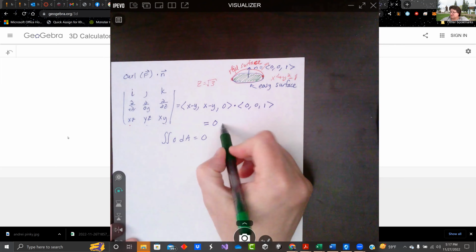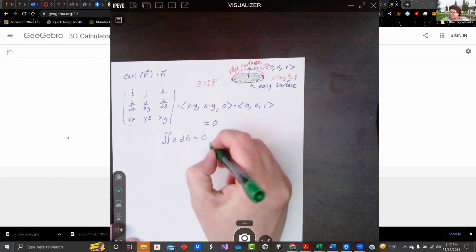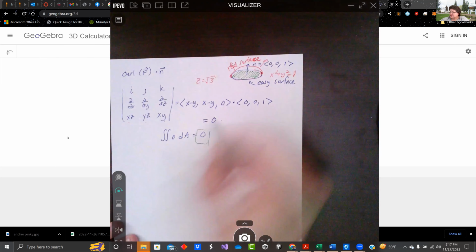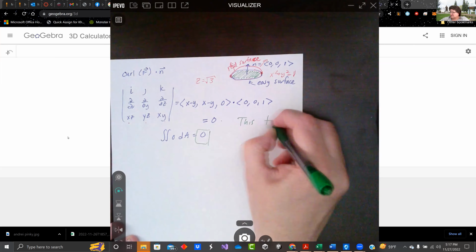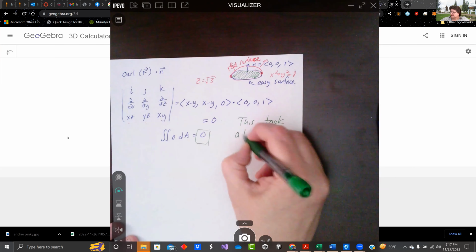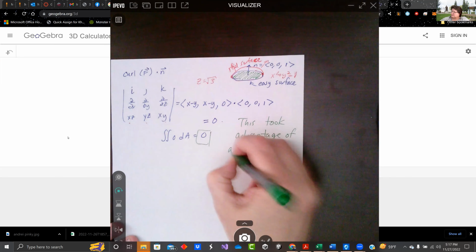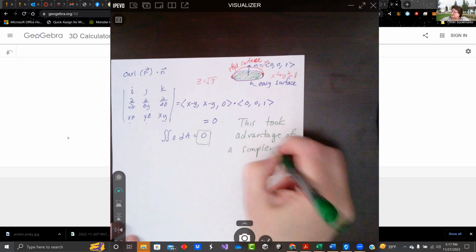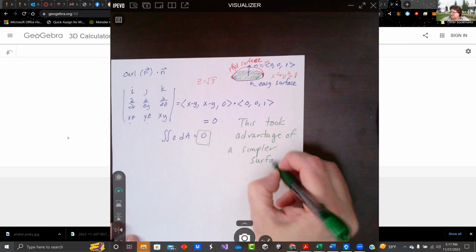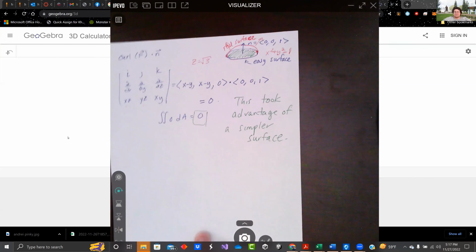The dot product is 0, so we're integrating 0, and again, we get 0 as the answer. This took advantage of a simpler surface. Not always do you get a simpler surface, but this was a perfect example where we did.